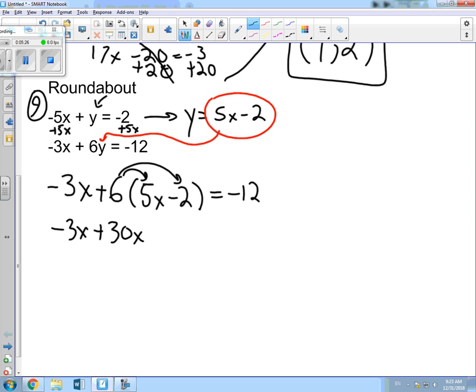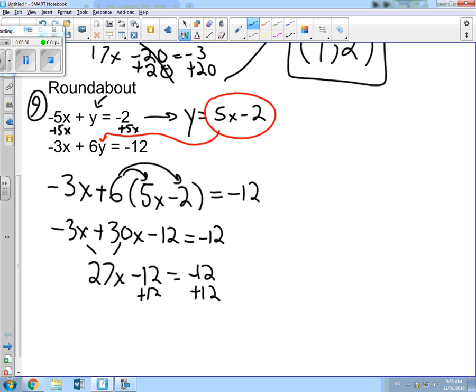And then 6 times negative 2 is negative 12, equals negative 12. Let's combine my terms. This will be 27x minus 12 equals negative 12. 27x, because negative 3 plus 30 is 27. I'm going to do plus 12.